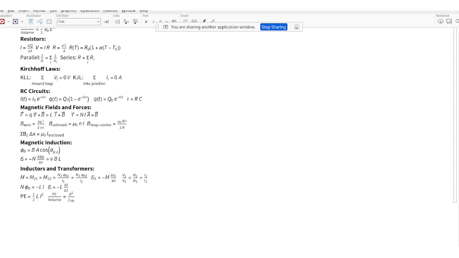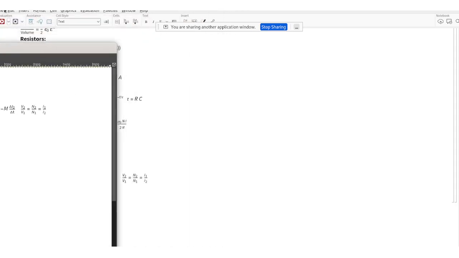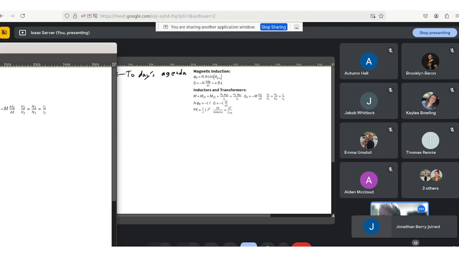Put it there. Alright. So 1 to 8. I in the secondary is equal to 1.6 amps.